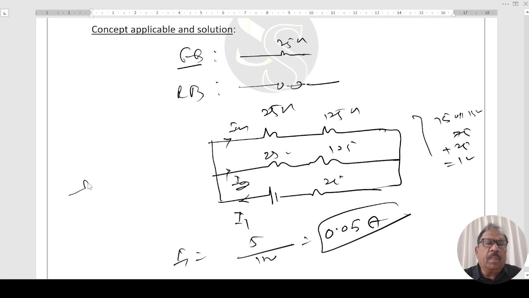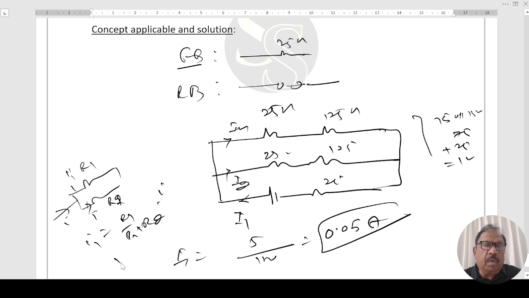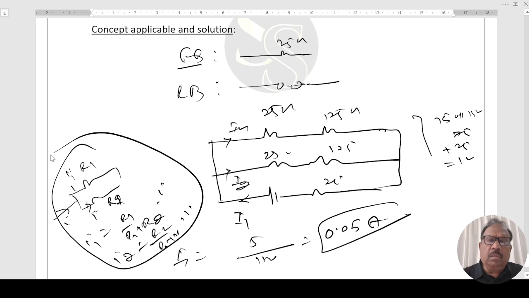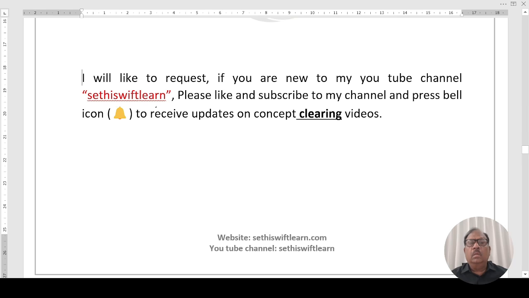Otherwise, we know the case of current division. R1, R2, I1, I2, I. I1 will be equal to R2 over R1 plus R2 into I, and I2 will be equal to R1 upon R1 plus R2 into I. You can apply this concept, right?